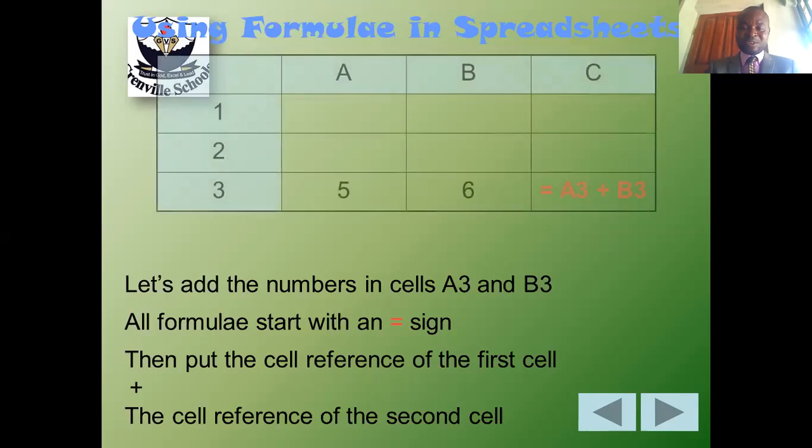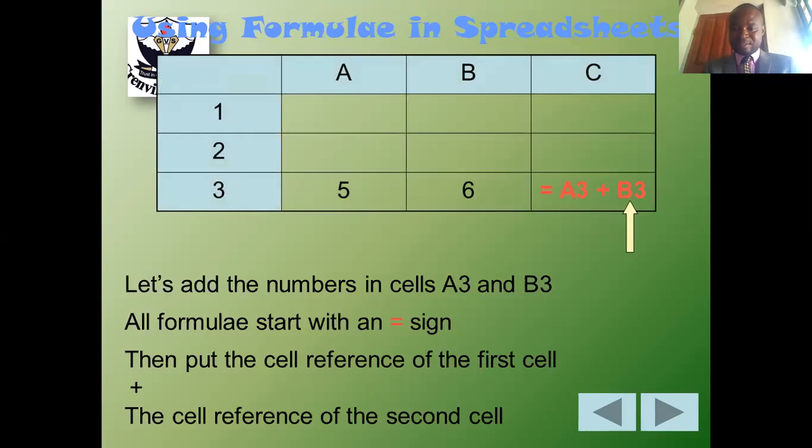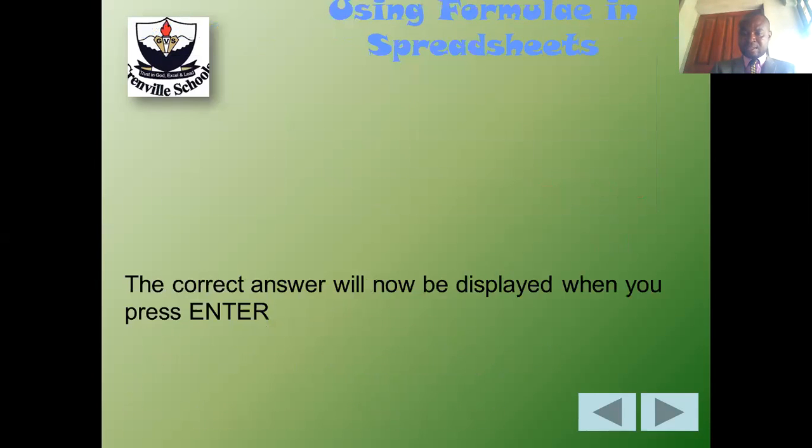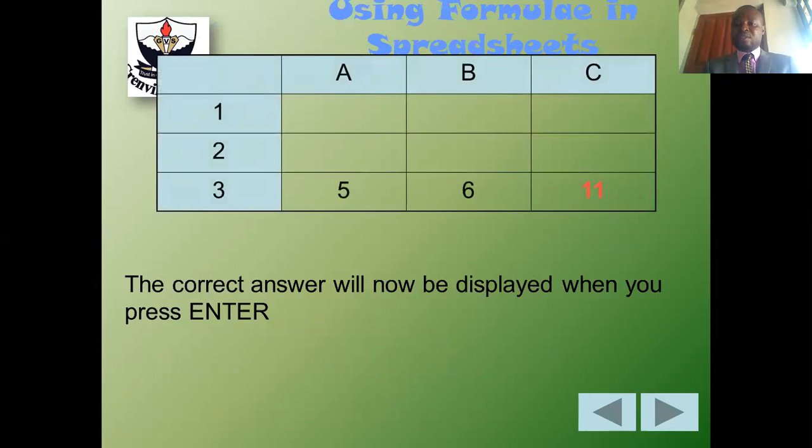You have the second cell reference, which is cell B3. This defines our formula. If we press the enter button, the result of that processing is what is displayed in cell C3, which is 11.